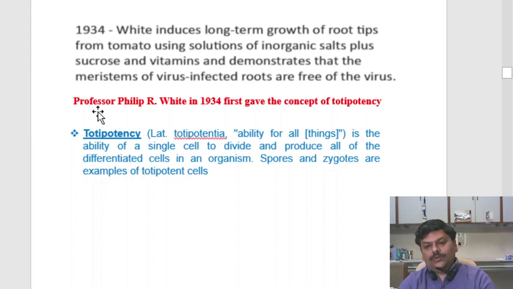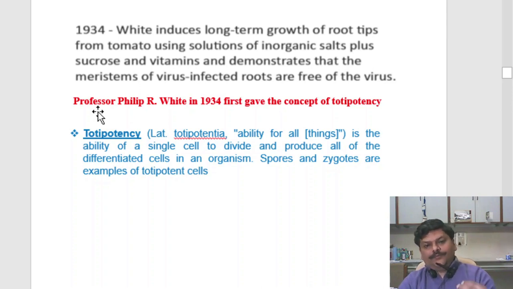He was the one who gave the famous concept of plant cell totipotency. Totipotency is a word derived from the Latin word totipotentia, which literally means ability of all things. Plant totipotency can be defined as the ability of a single plant cell to divide and produce all of the differentiated cells in an organism.